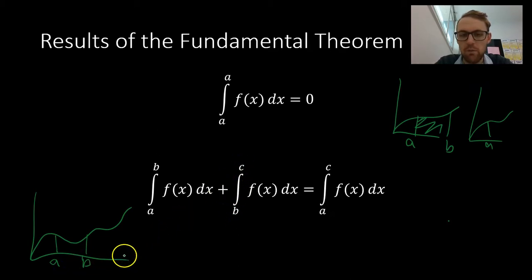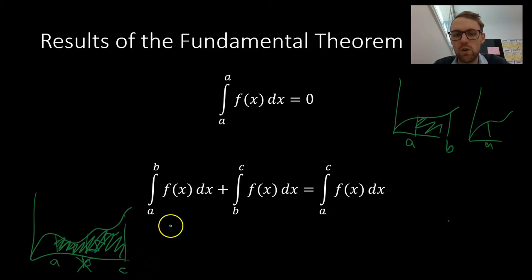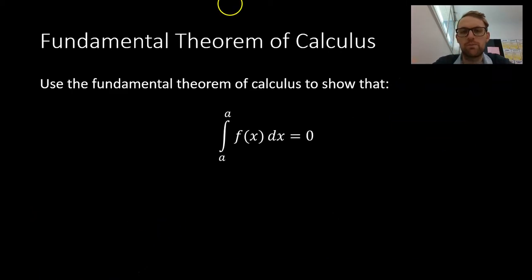So we're starting at b and we're finishing at c. All right, and we're adding these two things together. So this one plus this one. Now, a way we can simplify that is by saying if we're starting at a and we're going to b and then b to c, we could just go from a all the way through to c. And that's what this second one tells us. Instead of doing this in two parts, we could just go all the way across, get rid of our b and just integrate the whole thing. All right, so those are results of our fundamental theorem.